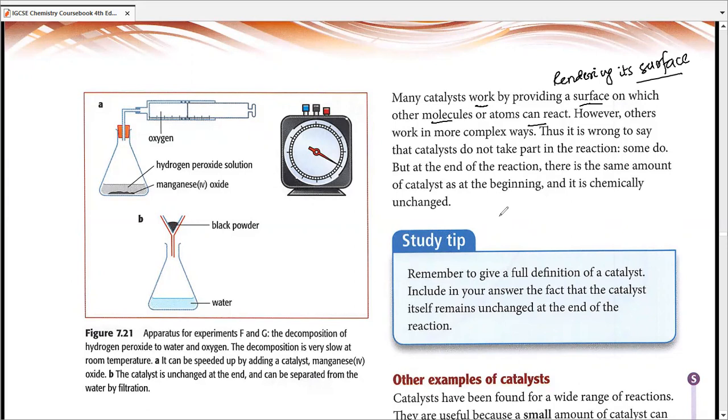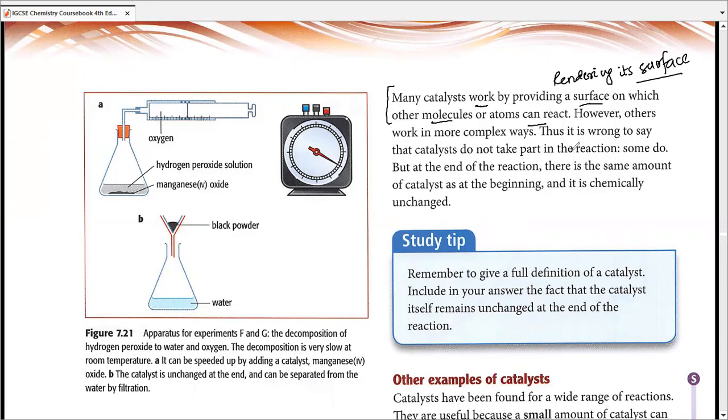Though I'm not talking about chemically, of course, the surface can be rendered for the reaction to occur. The molecules and the atoms would come to the surface and react on that surface. The reactants would be converted into products and then leave the surface again. Just like an egg comes to the surface of a frying pan, gets fried, and then leaves that surface, right? So that's one of the most common ways catalysts work.